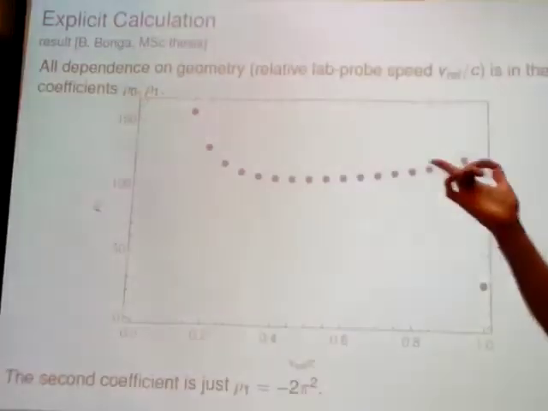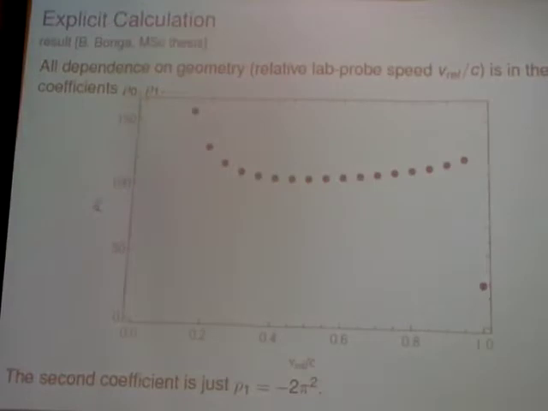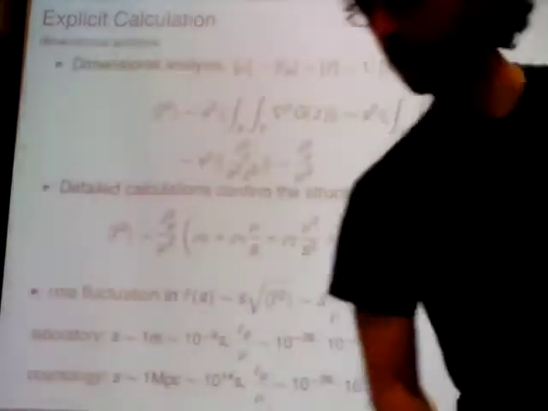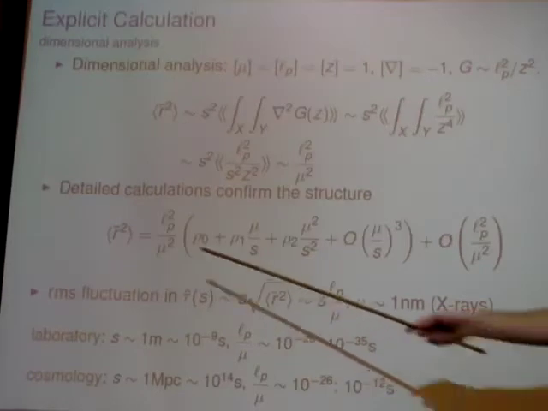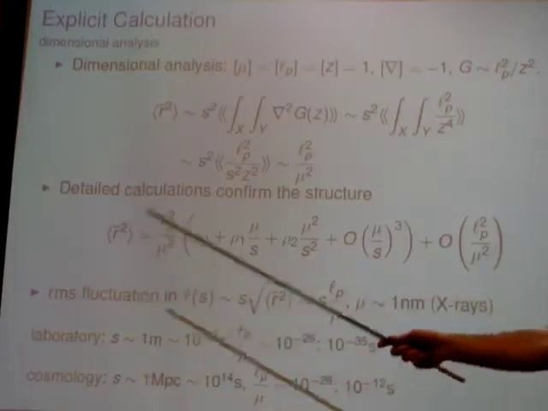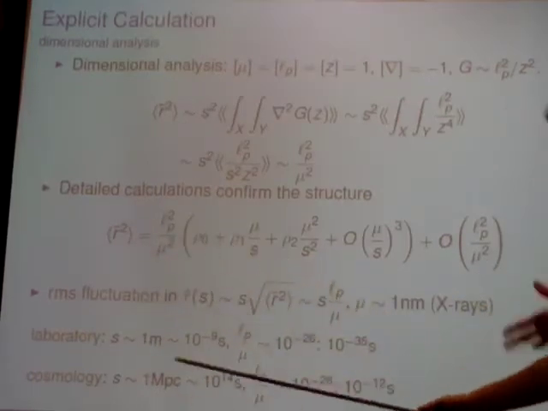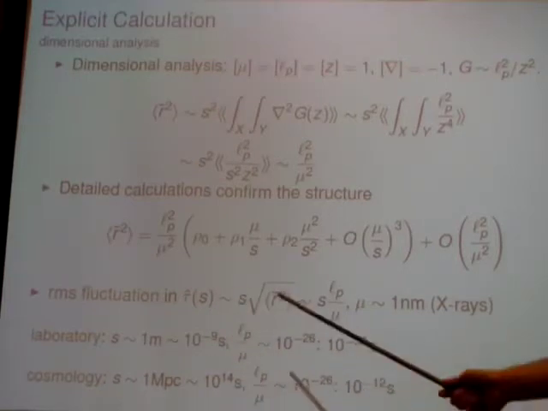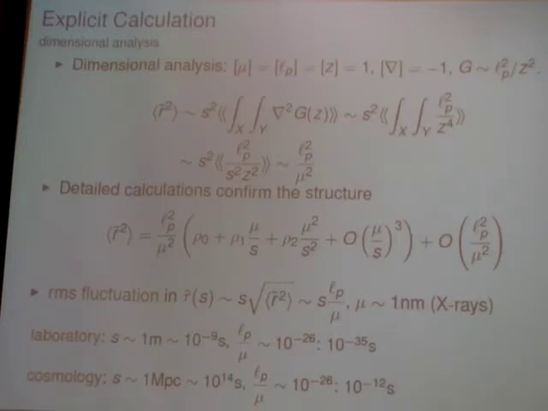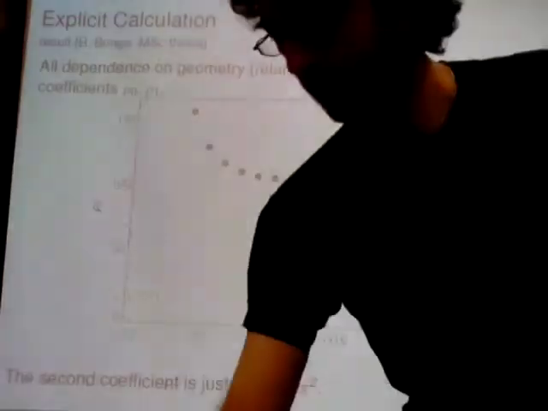Right, so let me tell you about these coefficients, the rho 0 and rho 1 coefficients, which is all that you need to know to figure out what is the size of this quantity and how it depends on all the other parameters. The basic parameter that I haven't mentioned yet is the relative velocity between the laboratory and probe worldlines. So here's what this plot shows.